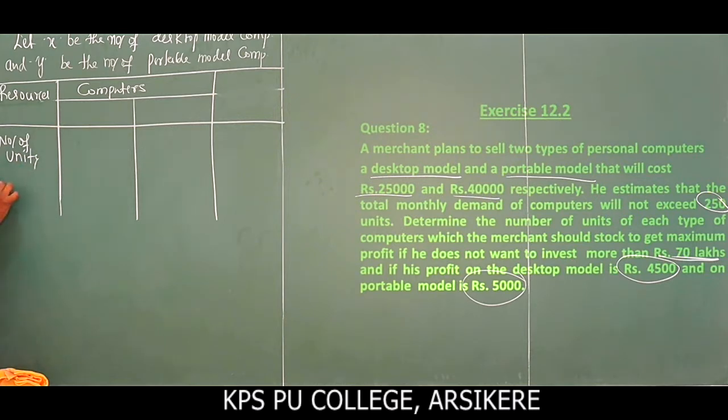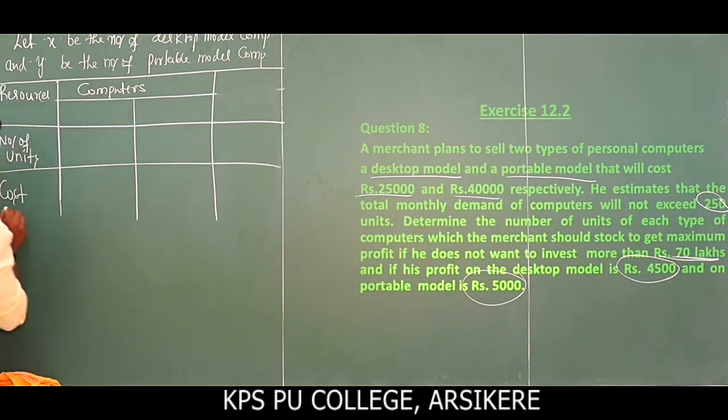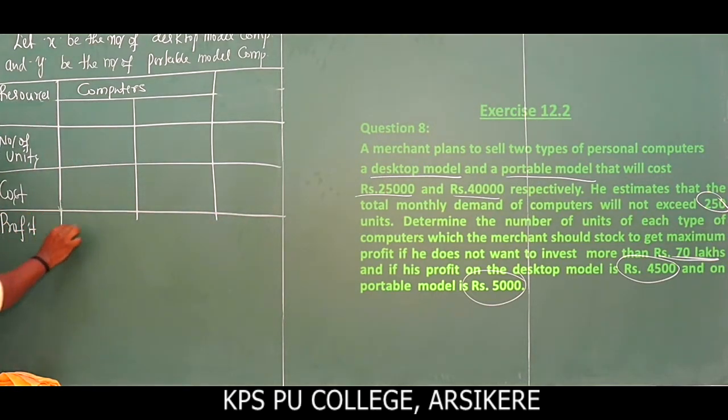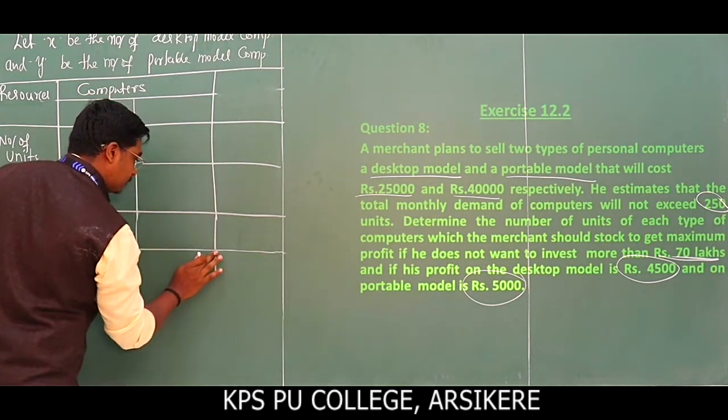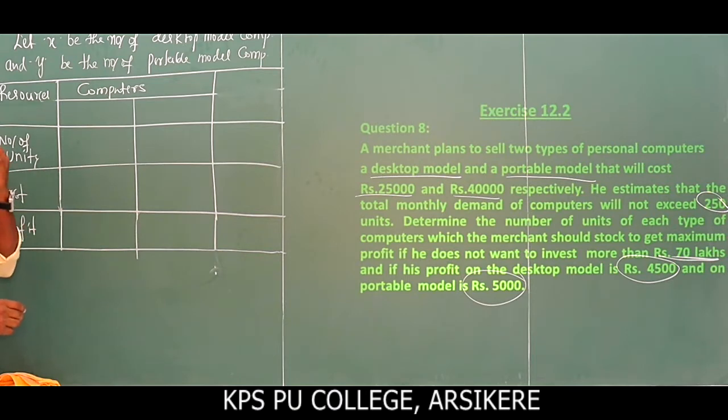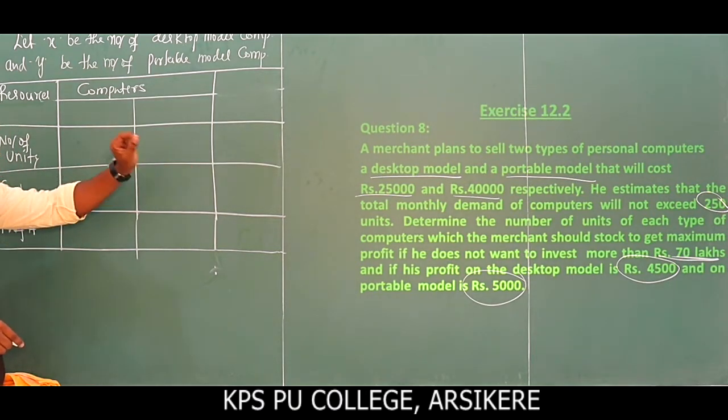The second is investment, or you can take this as cost. And the third I will take as profit. We have two types of computers: the first one is the desktop model, the second one is the portable model.